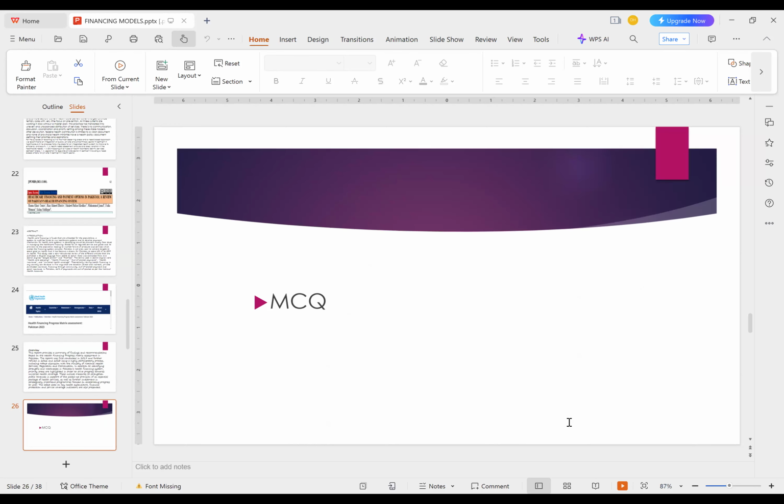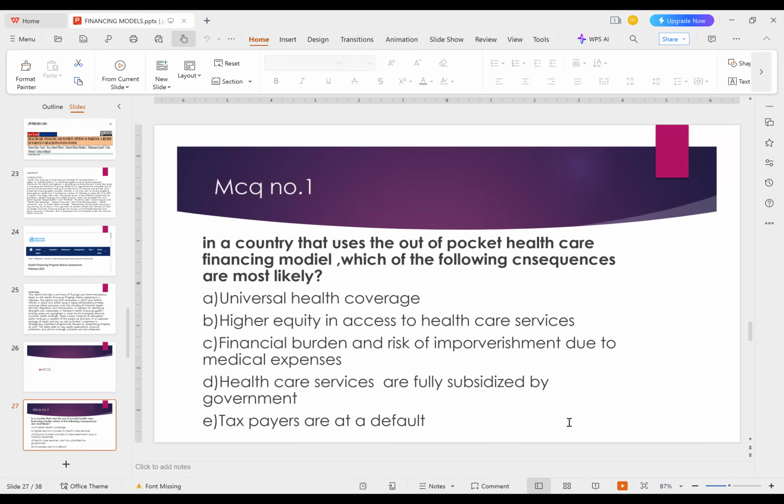Now coming on to our MCQ session and the open forum discussion. MCQ number 1 states, in a country that uses the out-of-pocket healthcare financing model, which of the following consequences is most likely?